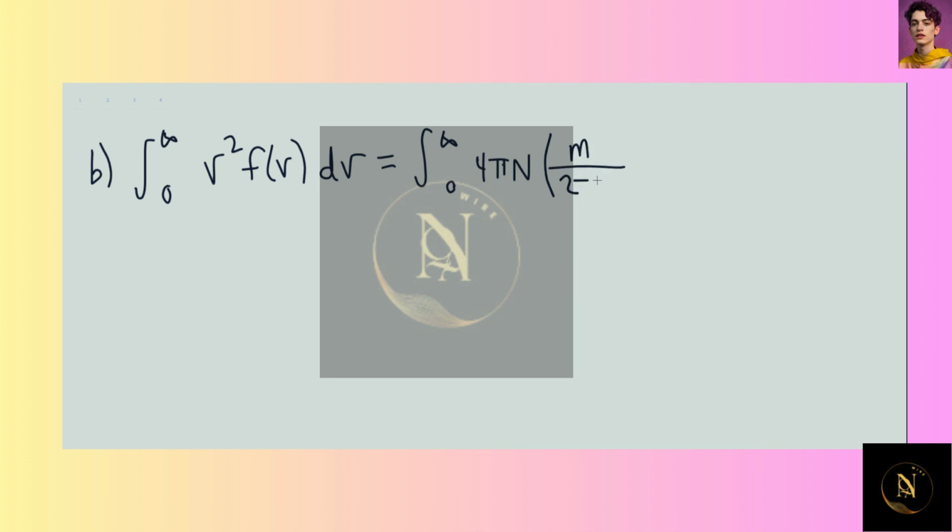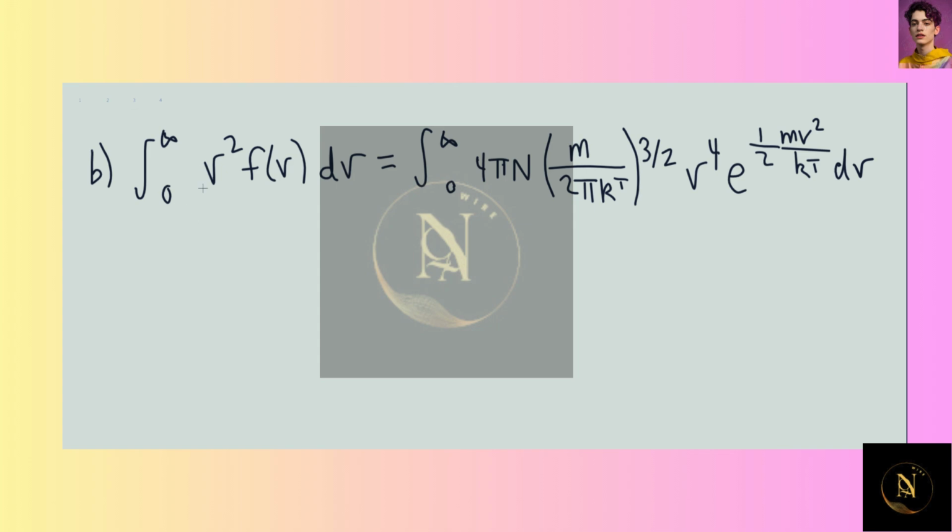The integral that we're trying to accomplish now, we're integrating from 0 to infinity as before, but now it's v squared times the Maxwell distribution, f of v, dv, which is the same thing as this, 4 pi N. These are the same constants as before, m over 2 pi kT to the 3 halves, v to the 4 now, not v squared, e to the negative 1/2 m v squared over kT, times the differential. So that's the integral to do.